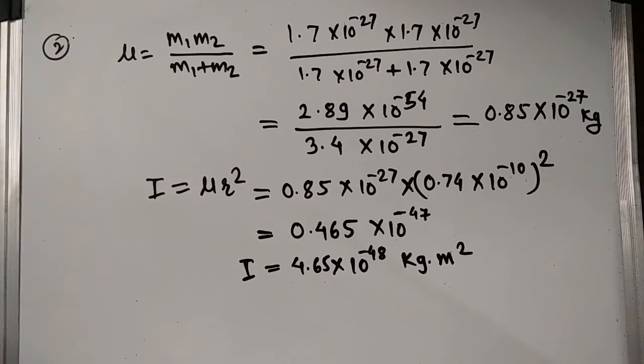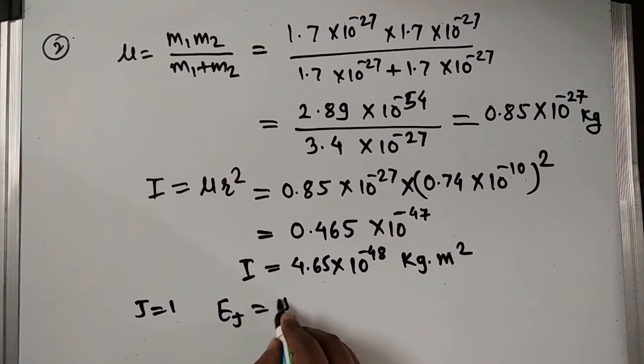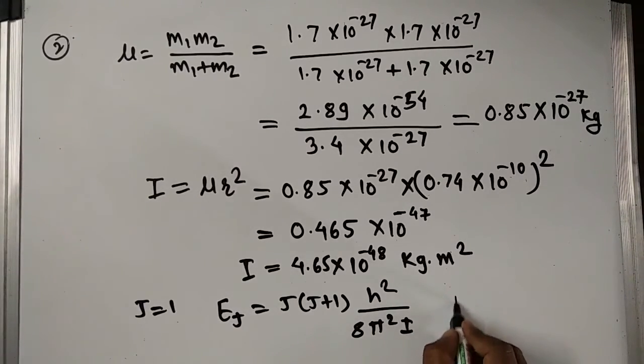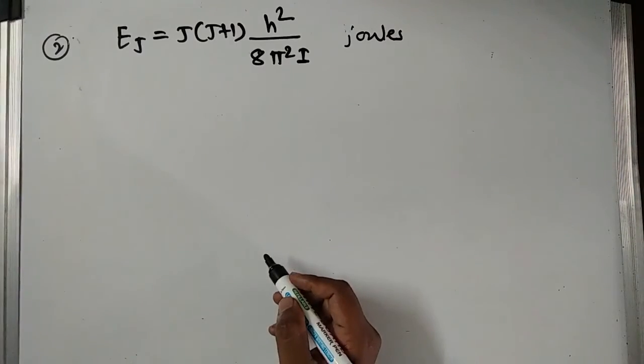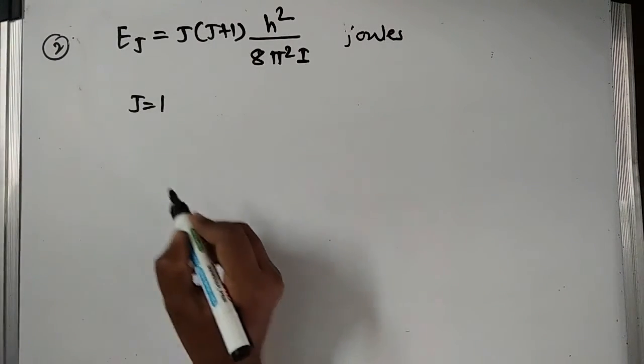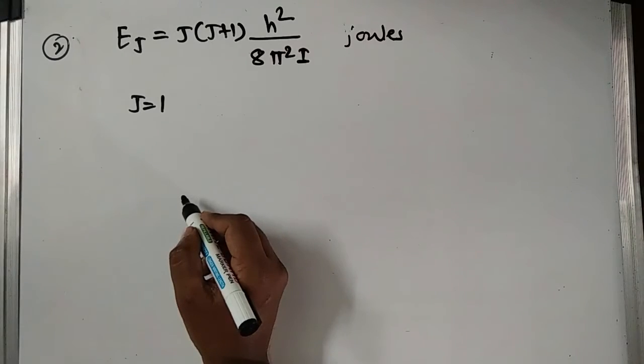Now we have to calculate the energy for the first two rotational energy levels, which are given by J values. The first value is for J equal to 1. In the equation for EJ, which is J into J plus 1 h square upon 8 pi square into I, in joule, J takes only positive values.